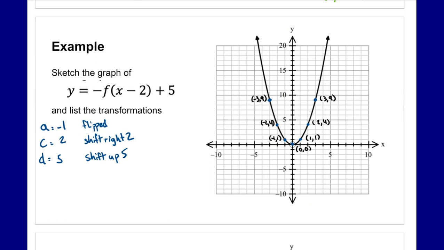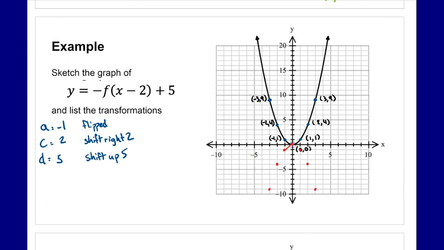So if I multiply all those y values by -1, they all just become negative. So here stays 0. I have a point at 1, or -1, this y value becomes -1, the 4 becomes -4, 9 becomes -9, and same thing on the other side.